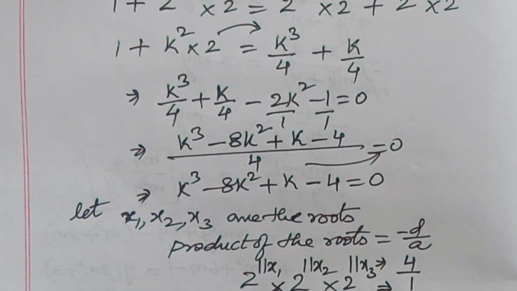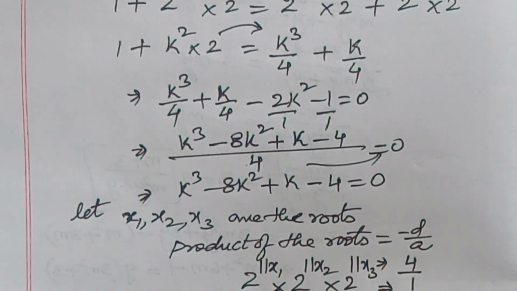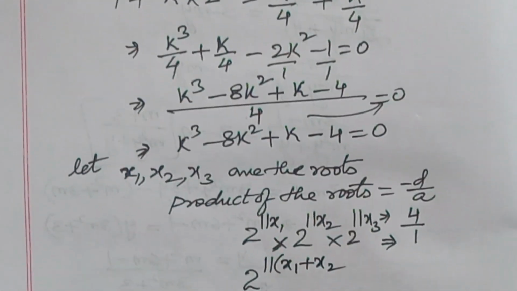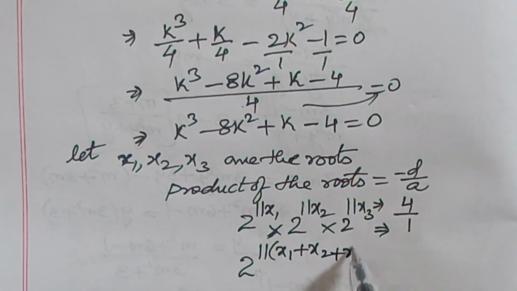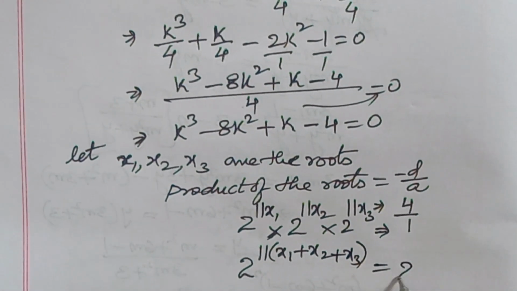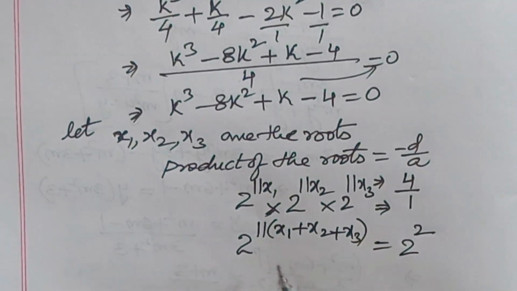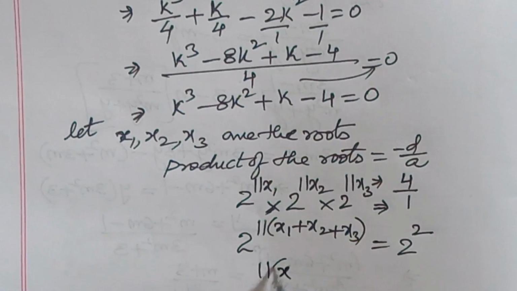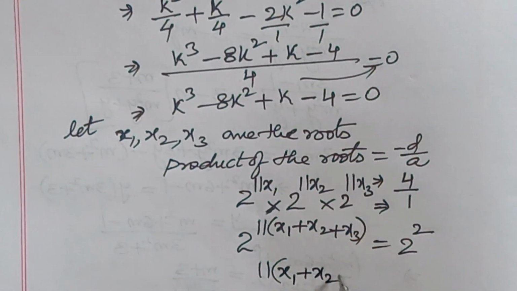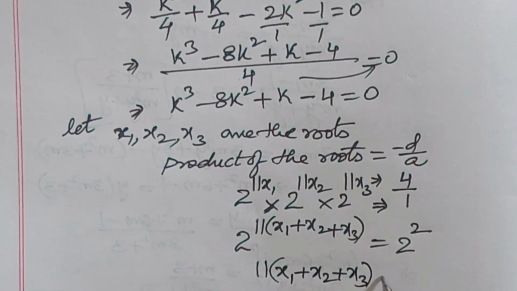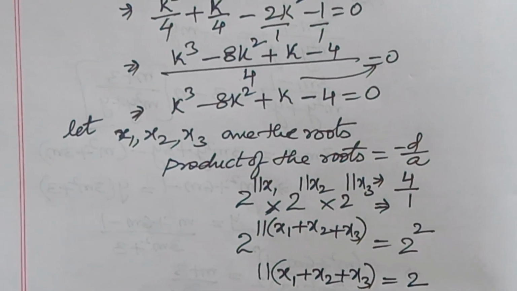So 2 to the power of 11 common, x1 plus x2 plus x3 is equal to 2 square. The bases are equal, so the powers must be equal. 11 into x1 plus x2 plus x3 is equal to 2.